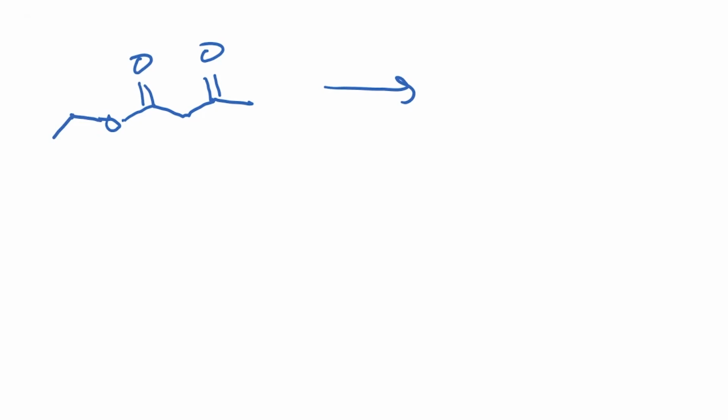So the base that you add here can be something like piperidine or pyridine or piperazine, and you generate the enolate O minus.